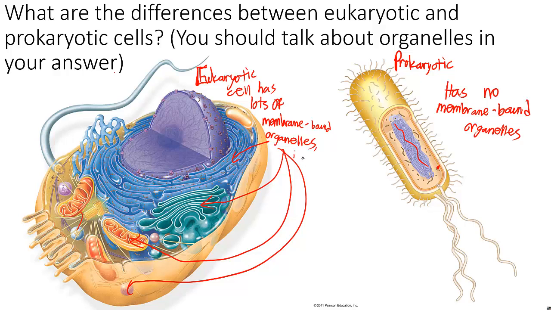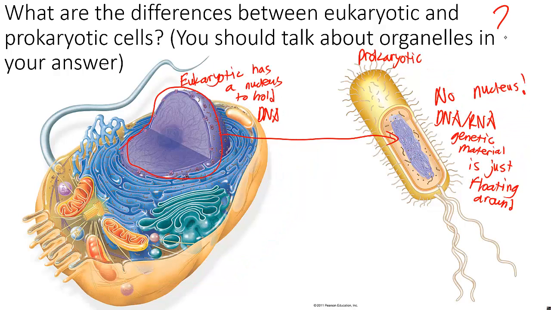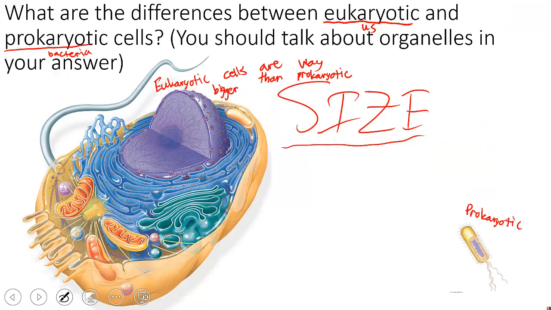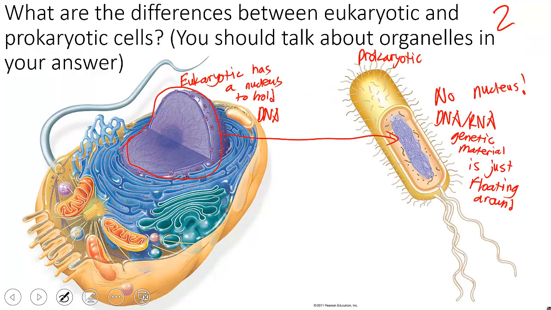But in the prokaryotic cell, things just float around. Okay? That's difference number 3. Difference number 2 is the nucleus. And difference number 1 is size. You should talk about those 3 things. 1, 2, 3.